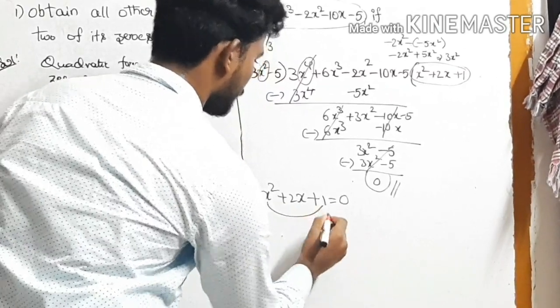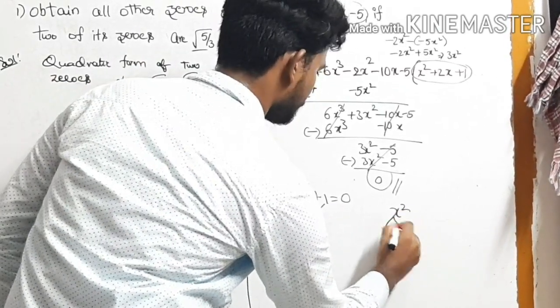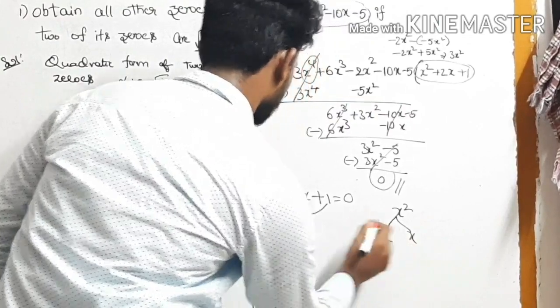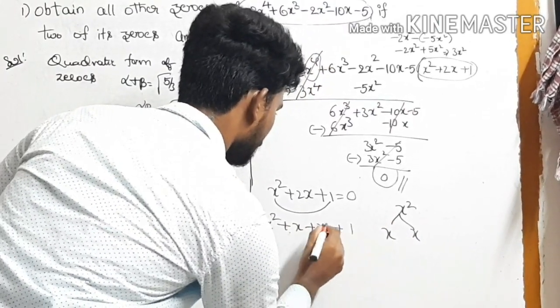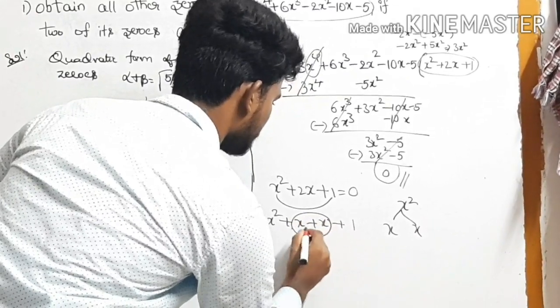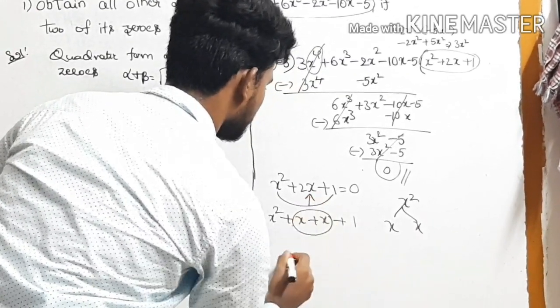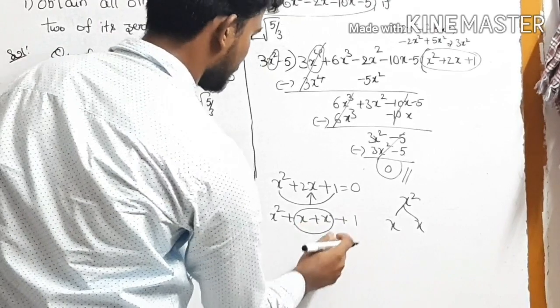First x² into 1, then write x into x: x² + x + 1. By adding these two, x plus x, we get 2x, so we write it as x plus x.